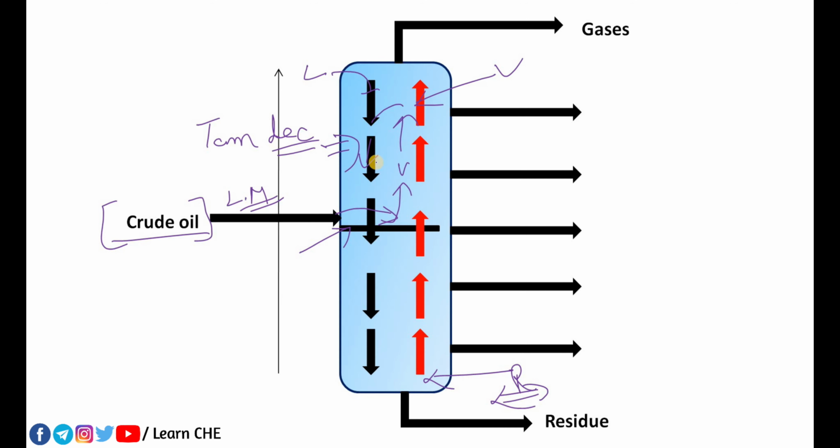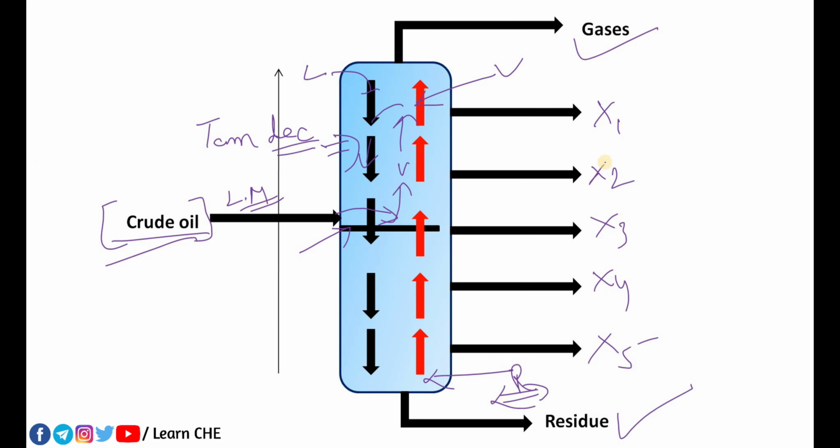As we want the more volatile component from the less volatile component, there should be something after which we get it. Here is the crude oil, and after the distillation process we are getting gases from the top as well as residue from the bottom, and in between we are also getting x1, x2, x3, x4 and x5 products.